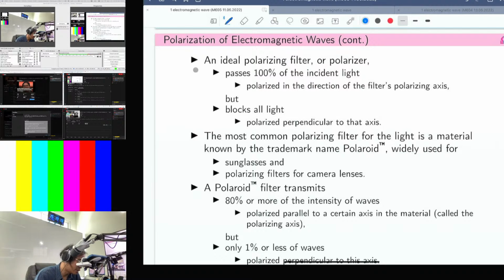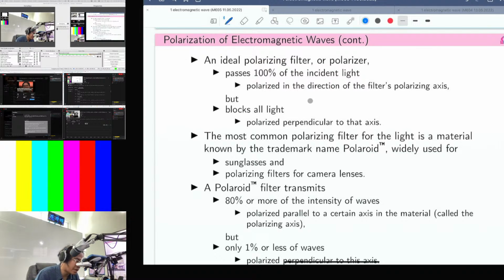We would talk about the polarizing filter or polarizer. What is the property of the polarizing filter? In the ideal case, it will pass 100% of the incident light, and the incident light that will be passed should be polarized in the direction of the filter's polarizing axis.